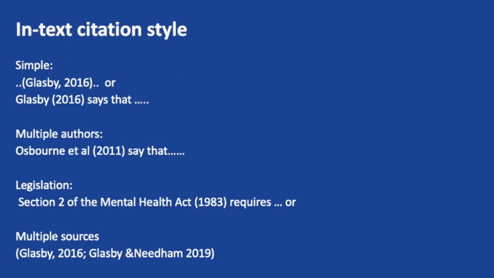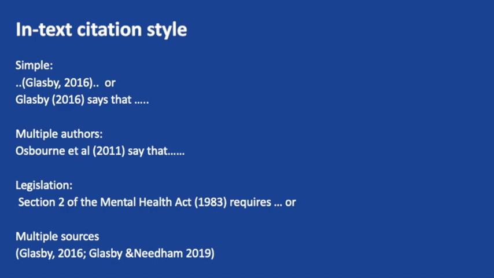And the idea is that that is to help the reader identify which of the entries in your reading list you're referring to. So you might be talking about direct payments and making a comment and then citing Glasby 2016 as where that comment came from.